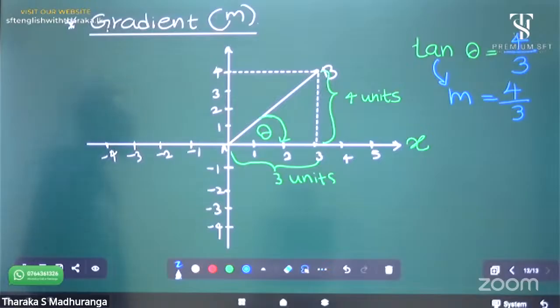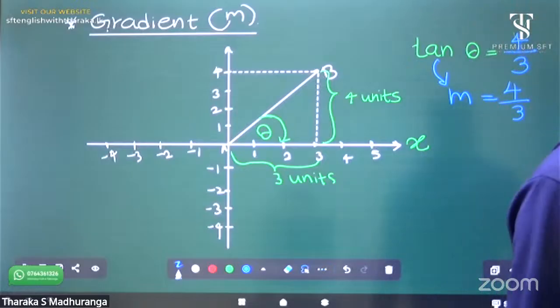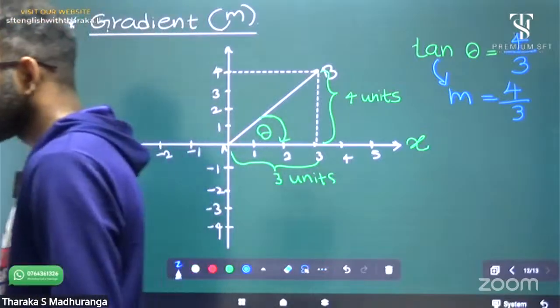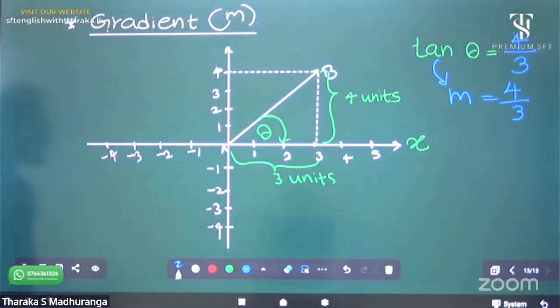The slope, or tan of the angle to the x-axis positive direction, is called the gradient.